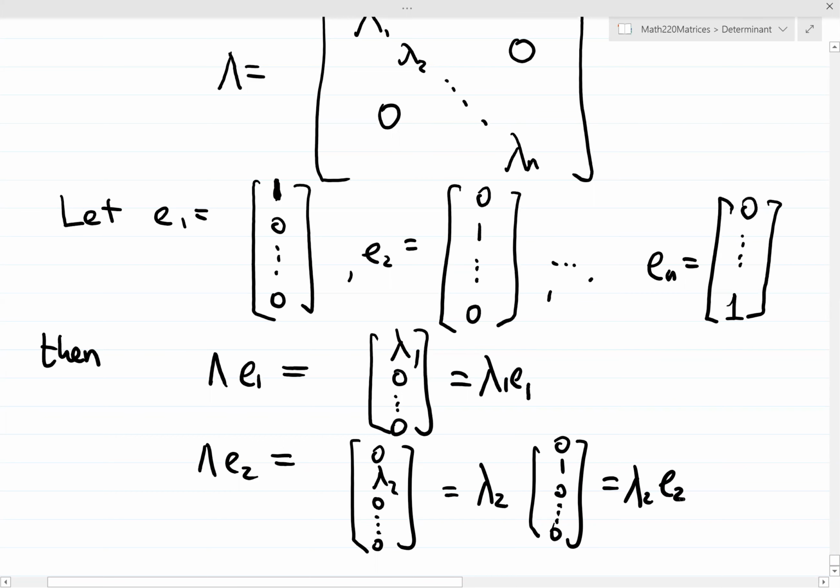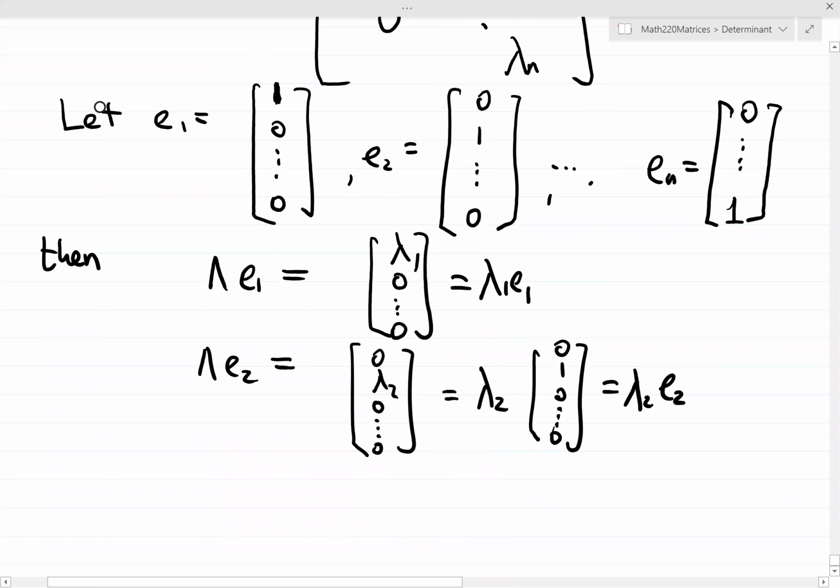So what this matrix Gamma does is, plug in E1, we get lambda 1 E1; plug in E2, we output lambda 2 E2. So a diagonal matrix just rescales the orthogonal basis E1, E2, ..., En by lambda 1, lambda 2, ..., lambda n, giving lambda n En.